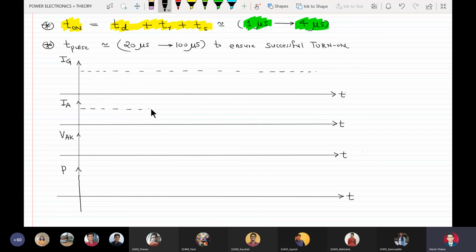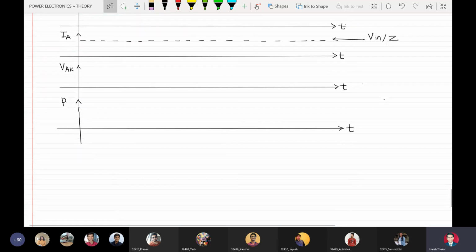So this dotted line represents the steady state value of the currents IG and IA. This is the steady state value V in by Z. There will be a level corresponding to on-state voltage drop of an SCR, that is 1 to 1.5 volts. Let us assume it is 1 volt.